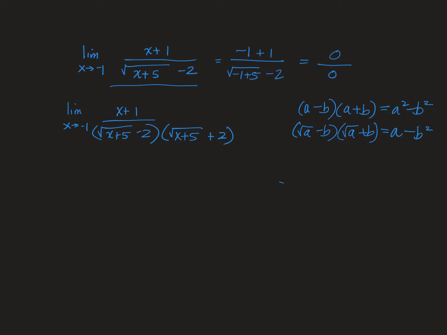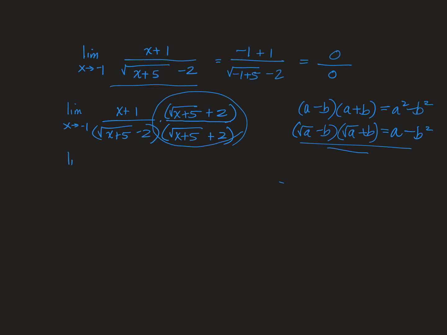Again, we're using the difference of squares. And if we do that to the numerator, remember we also have to multiply the denominator times the same thing. So in essence, we're just multiplying this problem by 1. That right there is 1. So it's not changing the problem.